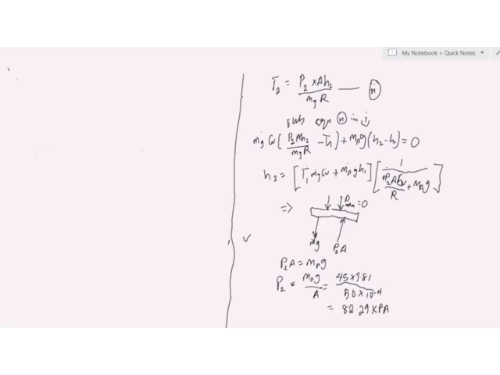After obtaining our pressure, our H2, after substituting the values, is 1.027 meters. So this is the value of H2 after our computation. We'll find out that H2 is greater than H1.